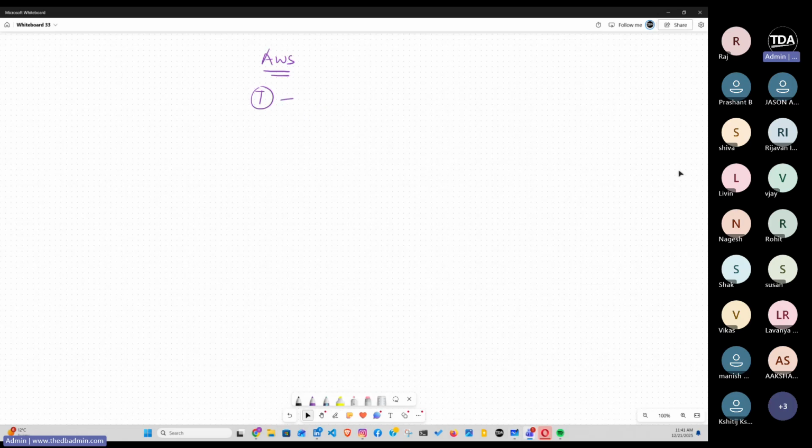Okay. And in case you don't want to use the traditional backup, AWS has its own managed backup strategies also, right? So what is the managed backup strategy? First one is snapshot. Okay. Second one is replica, where you create the replica and you are considering it as a backup.